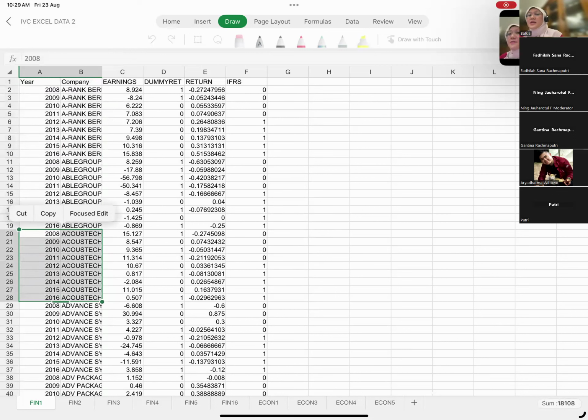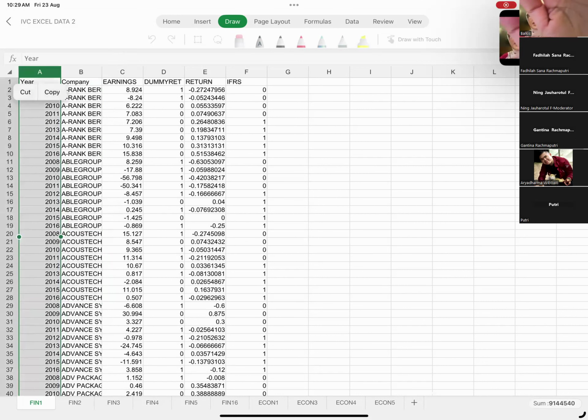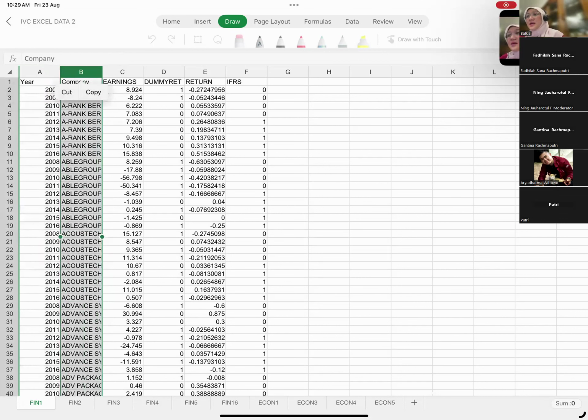Panel data can be balanced panel data or unbalanced panel data. In this example, we have all balanced data.